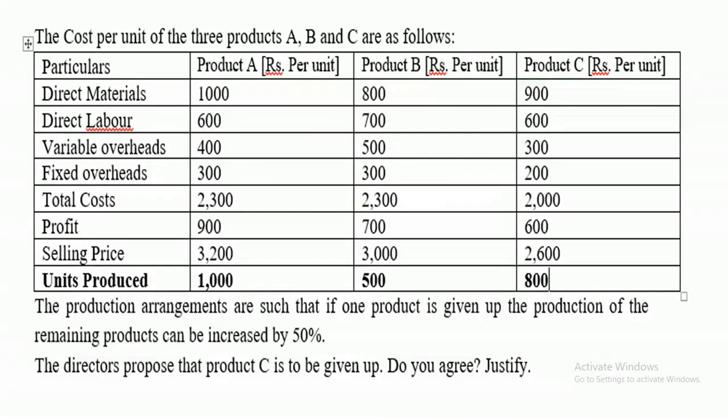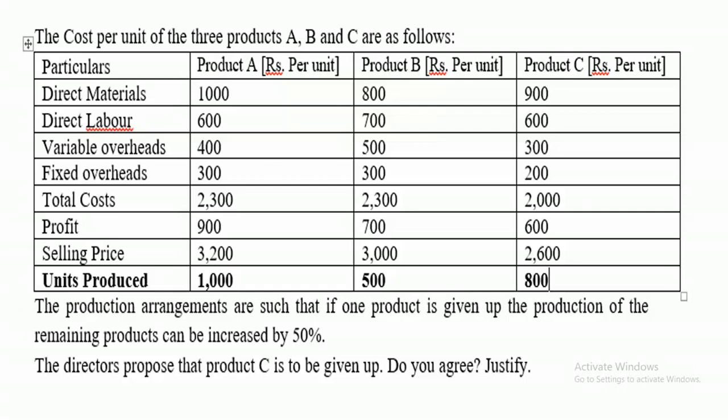The cost per unit of 3 products A, B, C is given here: material cost, labor cost, variable overhead, fixed overhead, total cost, profit and selling price. The number of units produced is also given for all 3 products. The production arrangements are such that if one product is given up, the production of the remaining products can be increased by 50%.